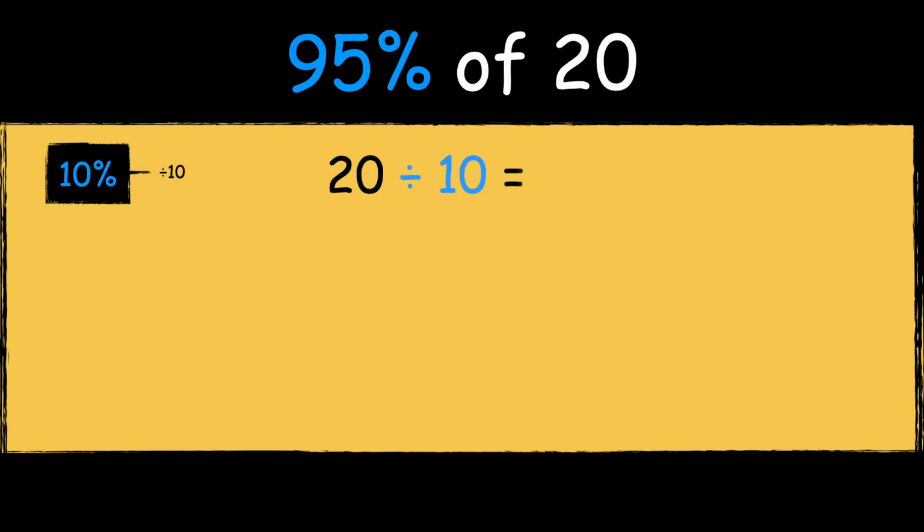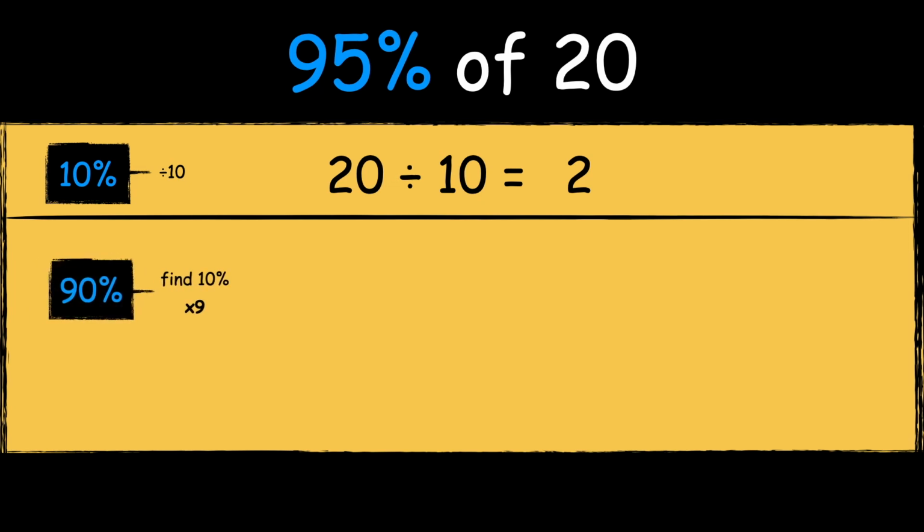Here's the next example, 95% of 20. First, we work out 10% by dividing the number by 10. 20 divided by 10 is 2. So to work out 90% of 20, we need to multiply the 10% answer by 9. 2 times 9 is 18.